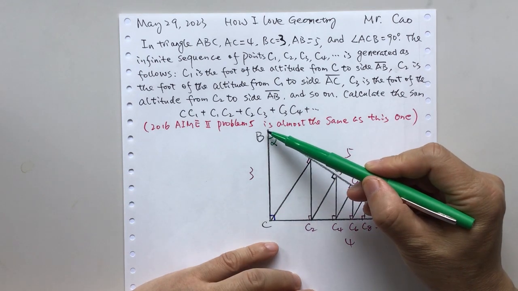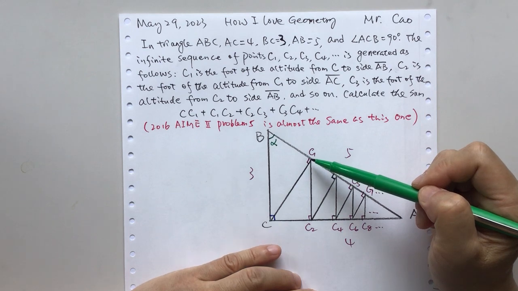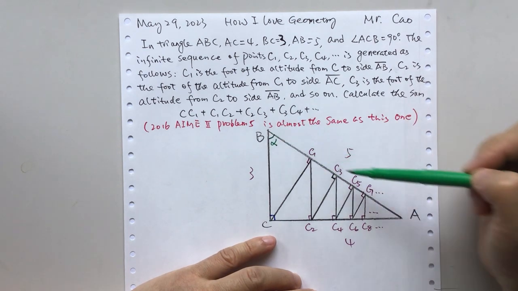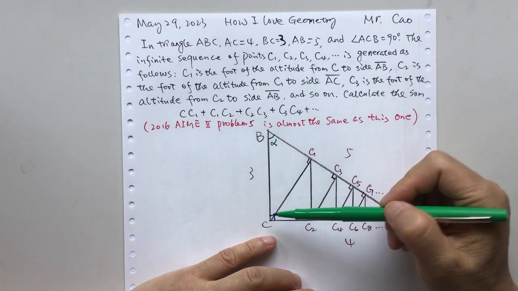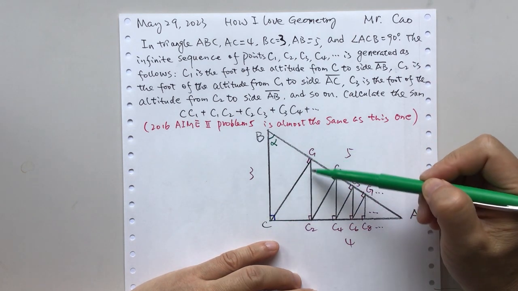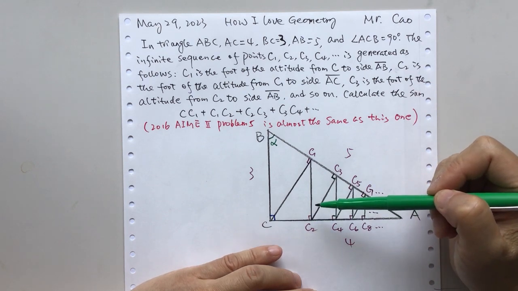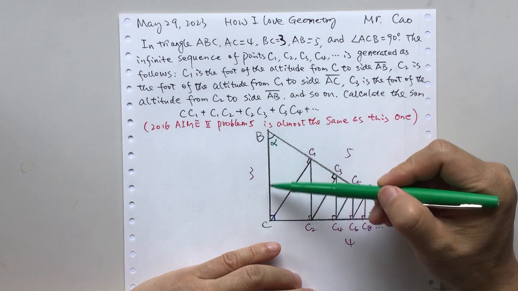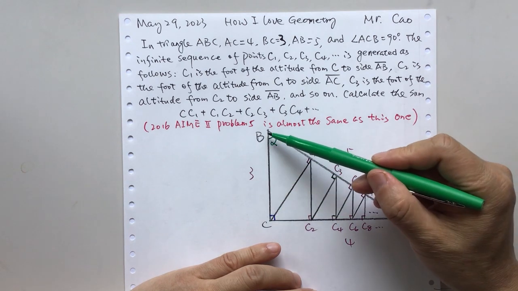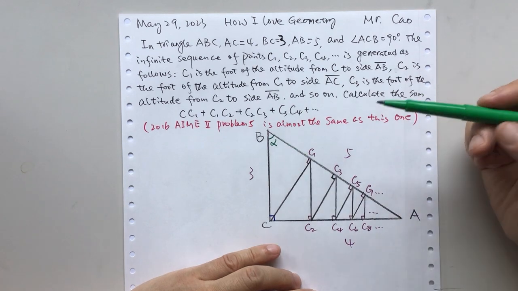Triangle BCC1 is similar to BAC, and triangle CC1C2 is also similar to this small right triangle, also similar to the large right triangle.